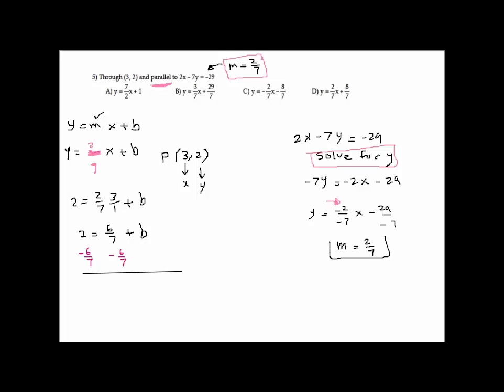Thank you. So this would be 2 minus 6 over 7 is equal to b. How do you solve for that? What do you do to subtract fractions? LCD, right? 7 over 7.